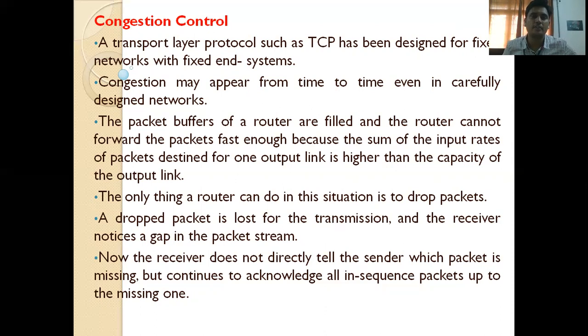The packet buffers of a router are filled and the router cannot forward the packets fast enough, because the sum of the input rates of packets destined for one output link is higher than the capacity of the output link.